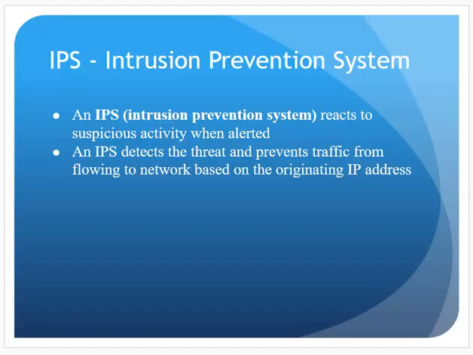Your intrusion prevention system, instead of just alerting, is going to try to react. Where the IDS would give you an alert, the IPS is going to try to step in and do something to change that, maybe prevent it. It detects the threat and tries to prevent the traffic from flowing based on the IP address and information that's plugged into it.